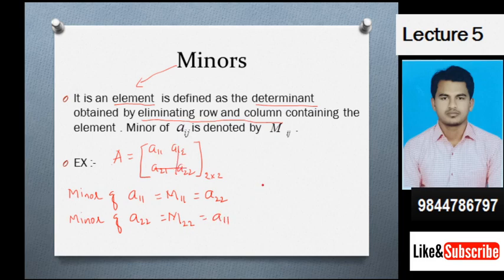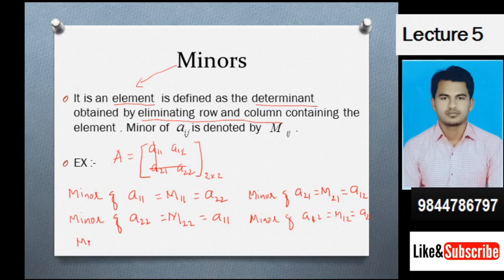Similarly, the minor of A21, M21, means eliminating the second row and first column, and the answer is A12. Similarly, the minor of A12 is M12, which is equal to A21.